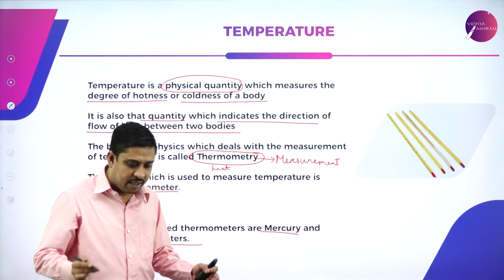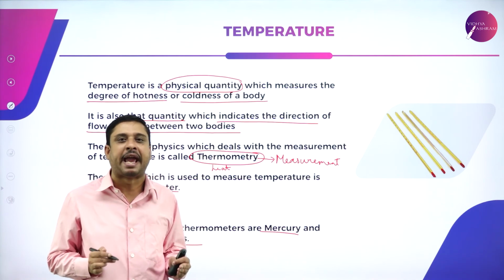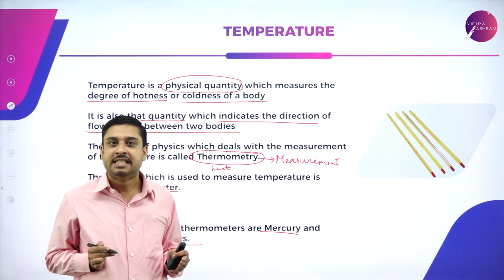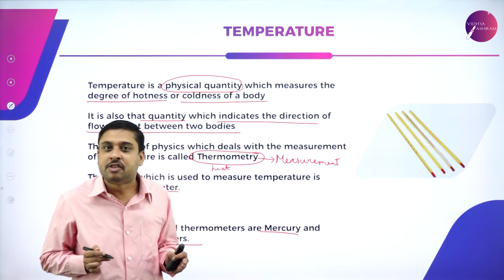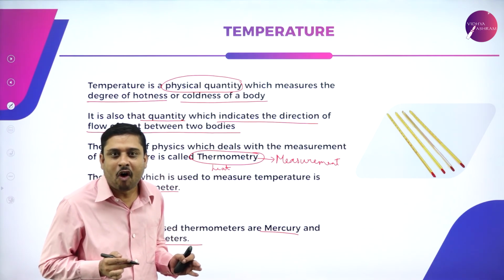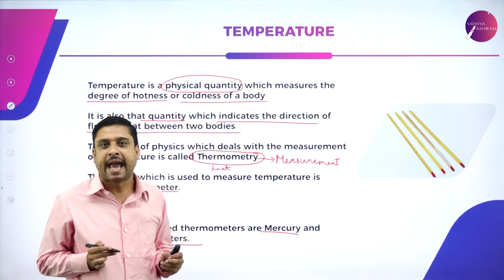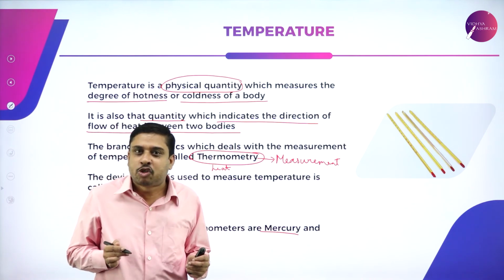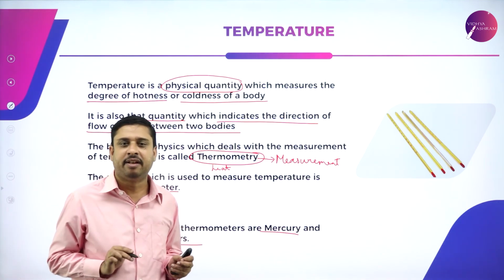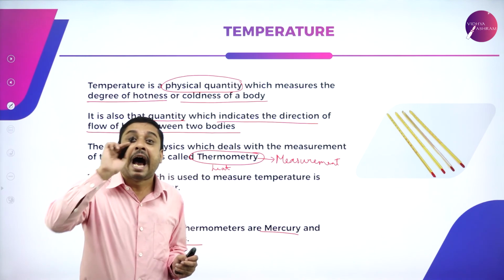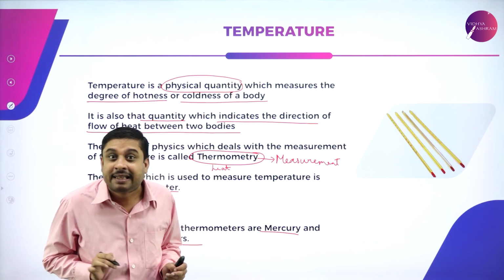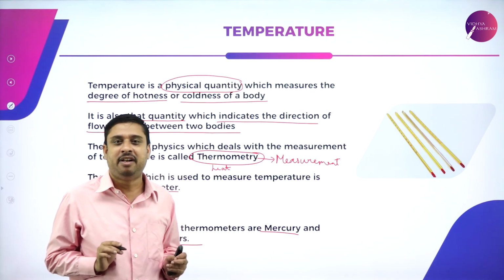So students, in my introductory session today, I have given you the definition of heat, saying that it is a form of energy, neither solid, liquid, nor gas. Heat always flows from a hot body to a cold body, from a region of higher temperature to lower temperature, until thermal equilibrium is attained.